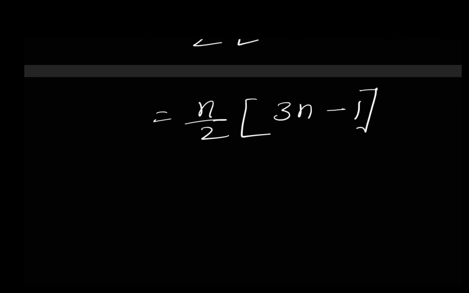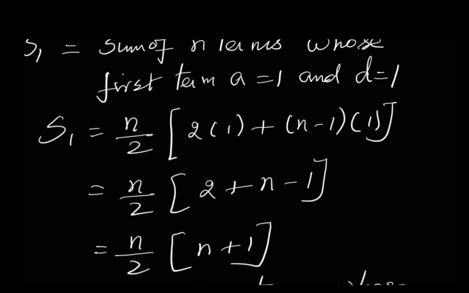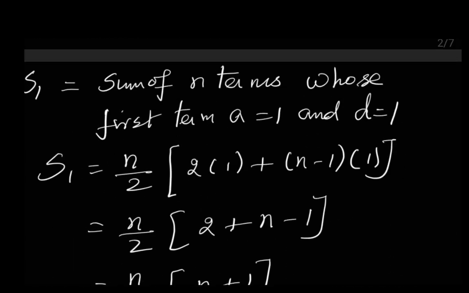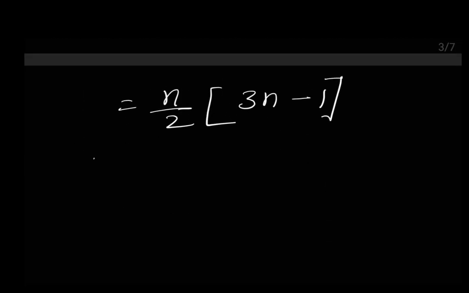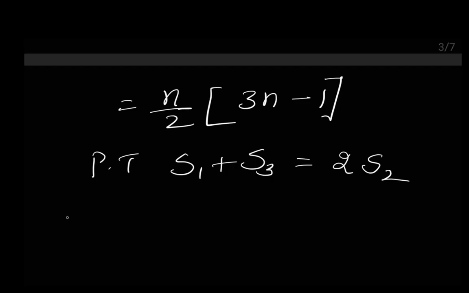See, what you are supposed to prove, the statement here is S1 plus S3 is equal to 2S2. Prove that S1 plus S3 is equal to 2S2. Take S1 plus S3.